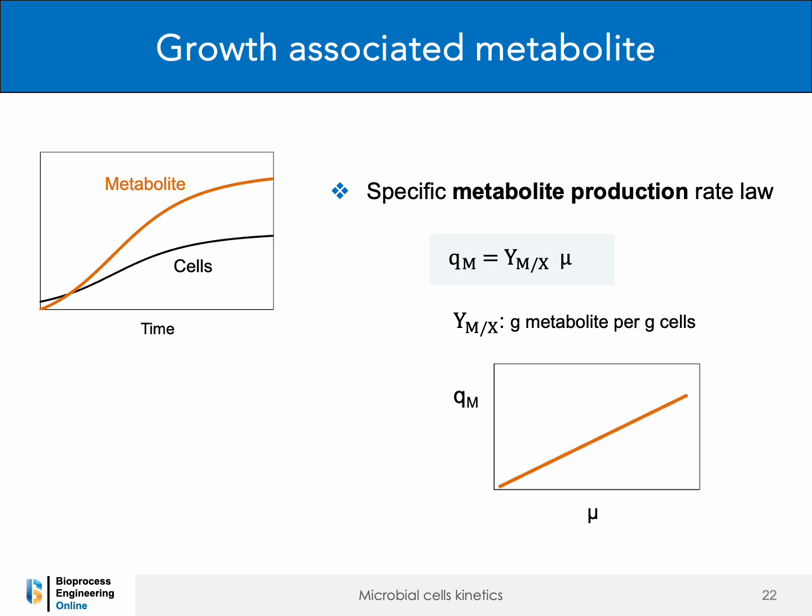The rate law for growth-associated metabolite production states that the specific production rate of the metabolite Qm, measured in grams of metabolite per gram of cells per hour, is proportional to the specific cell growth rate mu. The stoichiometric coefficient, Ym over x, represents the grams of metabolite produced per gram of cell biomass.